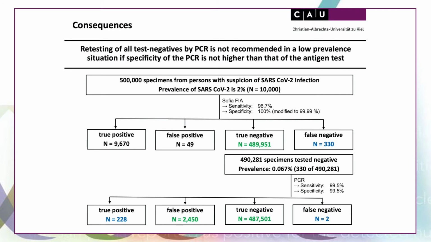In other words, only 330 persons with the infection would be overlooked out of the total of 10,000 true infections. Thus, the prevalence among the persons testing negative on the antigen test would only be 0.067%. In comparison, retesting with PCR would produce 2,450 false positive results, a magnitude which can hardly be considered acceptable.